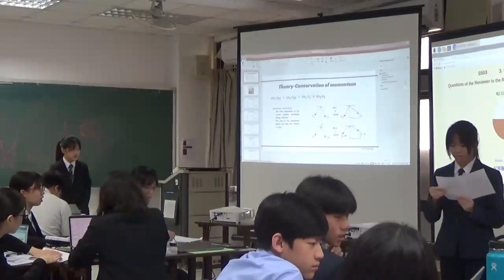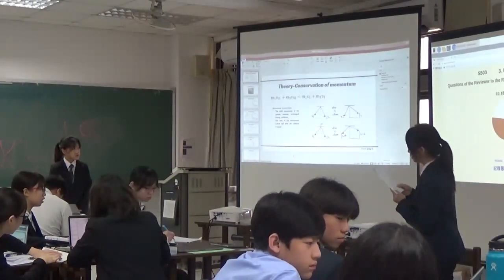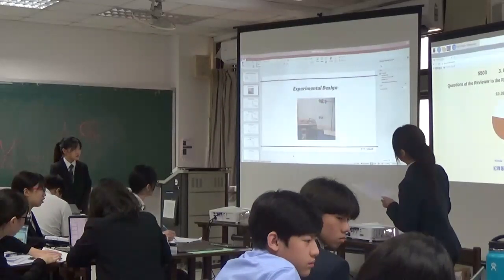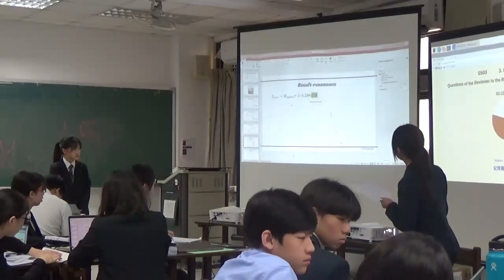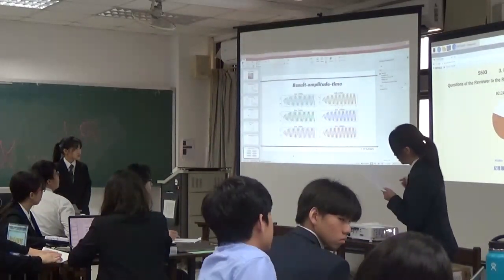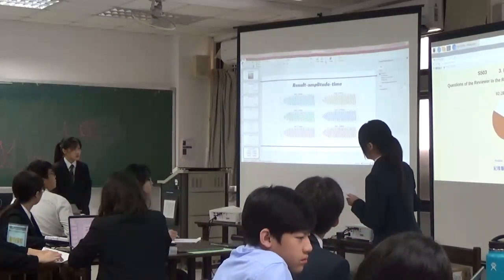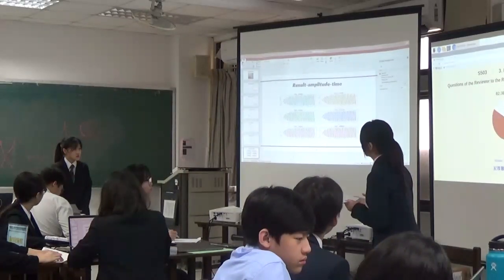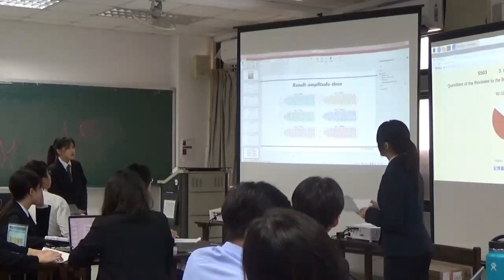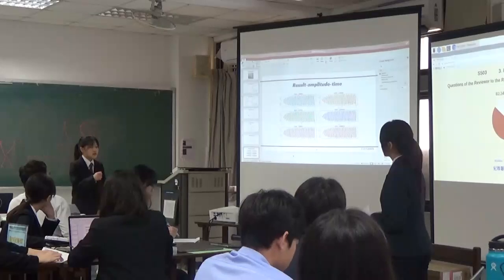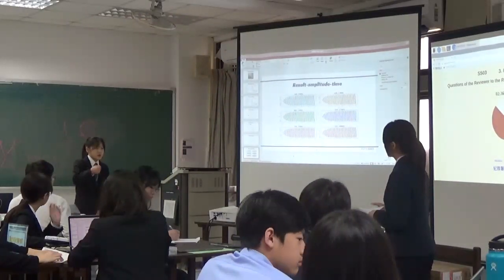And can you turn to the result about the amplitude? You say that it will stay constant, but it will have a damping effect. But additionally you will add the force, right?